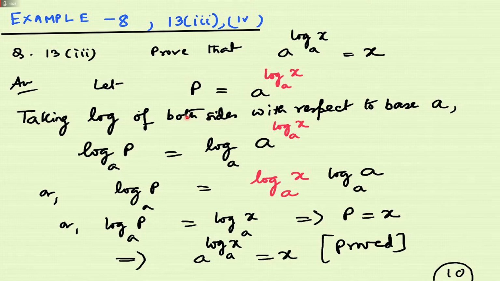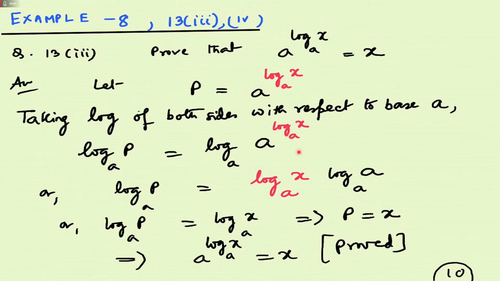we will have log p base a is equal to log of this term, a to the power log x base a, with base a. Now this is log p base a, but this term will come forward of this log.